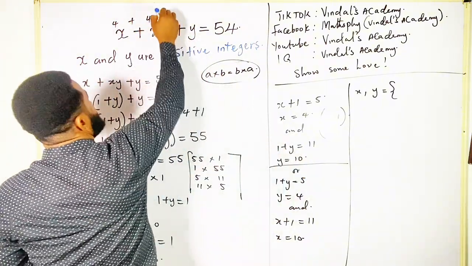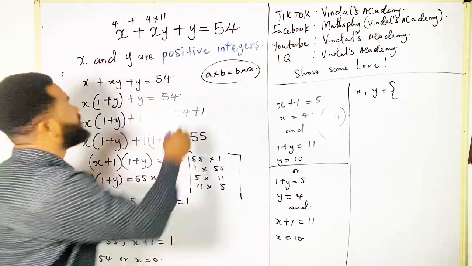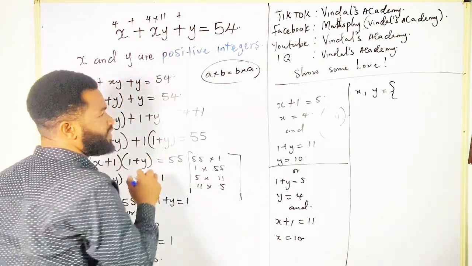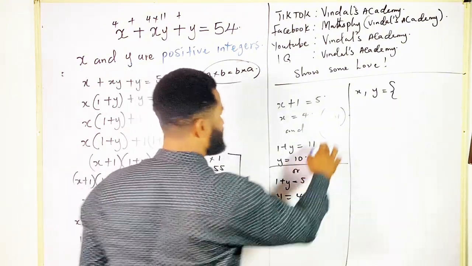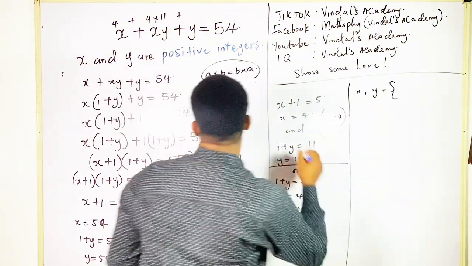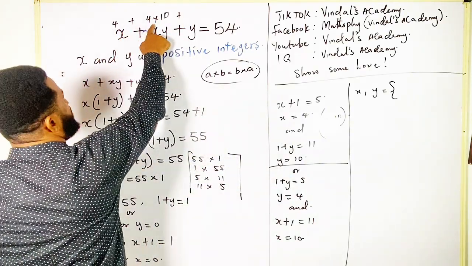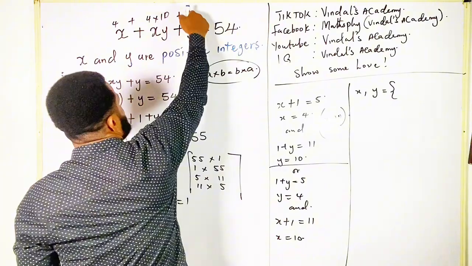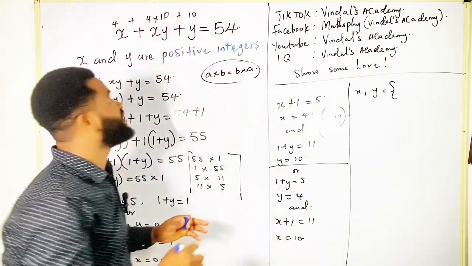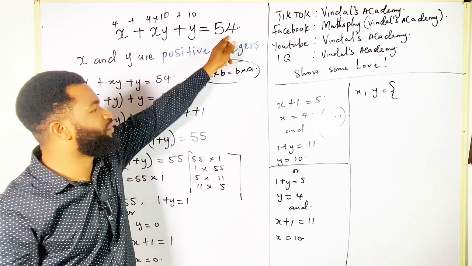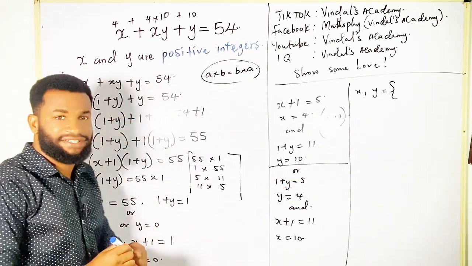Y is 11, so this is 44 plus 4, which is going to be 48, plus y. Y is, oh, not 11, sorry, this is 10. So this is 4 plus 40, which is 44. 44 plus what? What is y? Y is 10. 44 plus 10 is definitely going to give you 54. So these are the values for x and y.